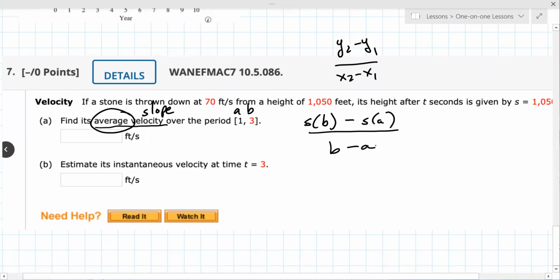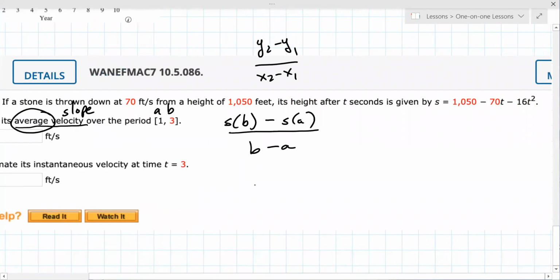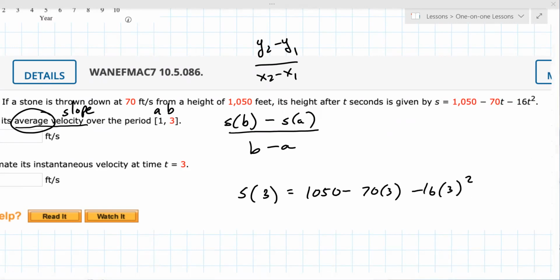Okay. So we have to go over to the function and figure out, well, what is s of 3? That's 1,050 minus 70 times 3 minus 16 times 3 squared. So we'll need to get that number. I'll grab my calculator and do this as well. Okay, so that's 696. And then we need to do the same thing at 1.